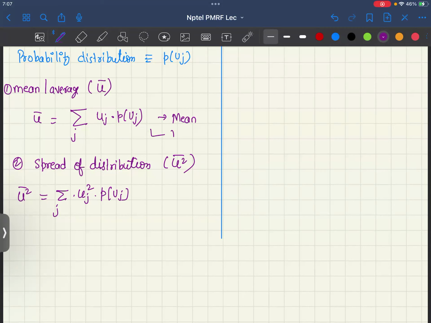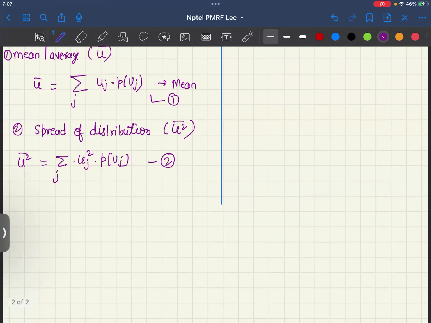This is the first expression, this is the second expression. Then similarly, we can have the mth moment, given as u to the power m bar. It is nothing but the summation of u j to the power m multiplied by the probability of it occupying that state.